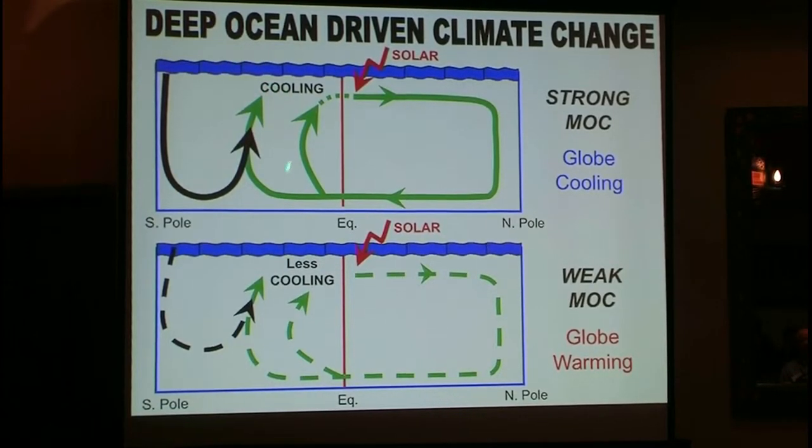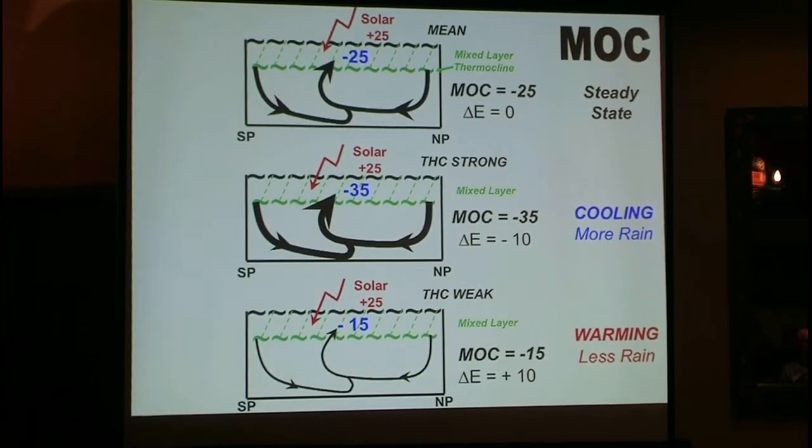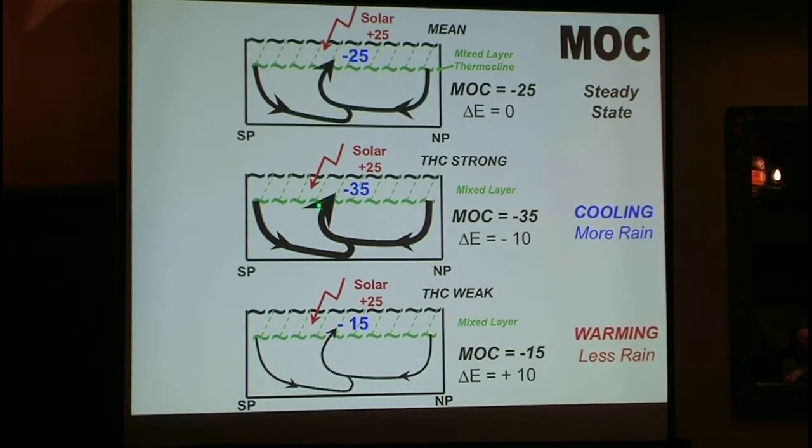So you have rising cold water that cools, extra rainfall that cools, and we get periods where things are in steady state, periods when the circulation is stronger, and you get a net energy loss and cooling.